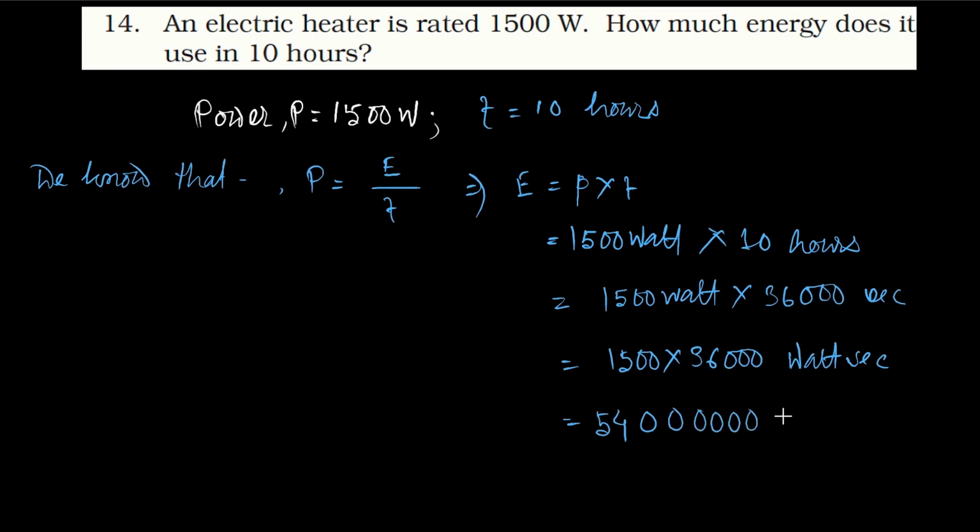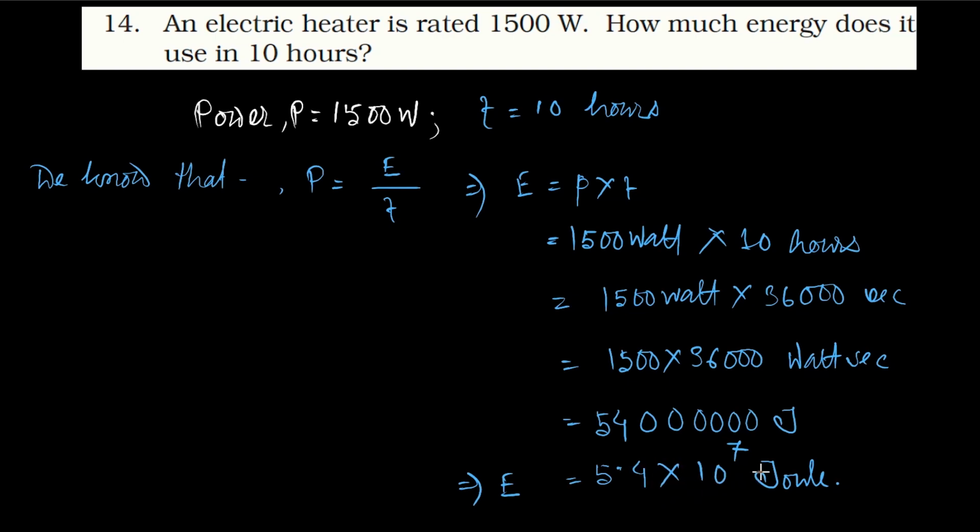Okay, 540. And how many zeros are there? 2 plus 3, 5. That means 2, 3, 4, 5. And this watt second is also known as joule. I will write it in standard form. It will be like 5.4 into 10 to the power 7 joule. So that is the answer of this question in joule format.